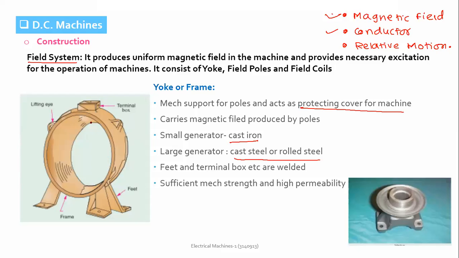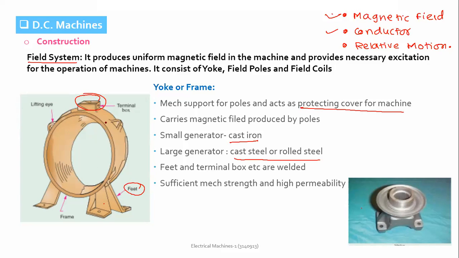Now this is one of the yokes of the machine, you can see here. Generally the feet and the terminal box, which is at the top of the machine, are welded here or sometimes bolted. These feet and terminal box are generally welded to the frame of the machine, and it is ensured that it has sufficient mechanical strength, because of the vibration and other centrifugal forces that will develop.